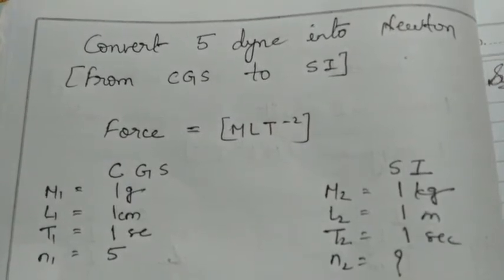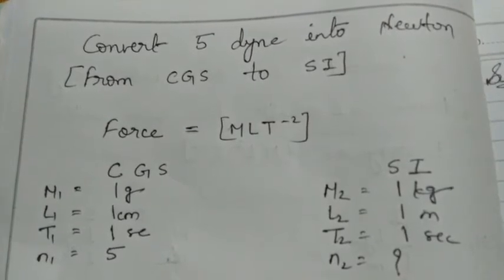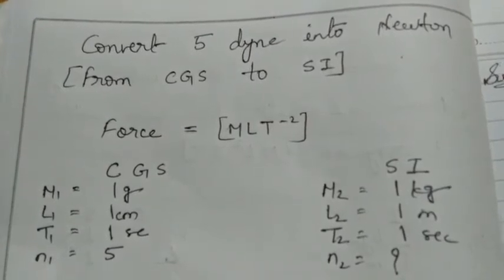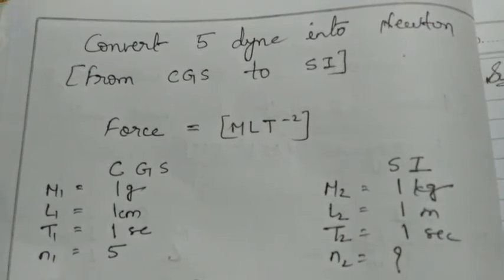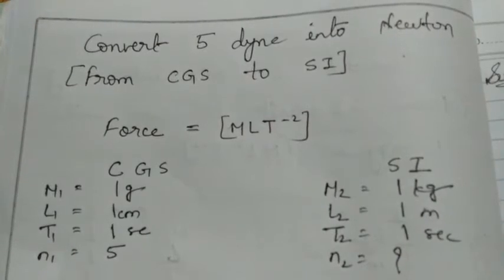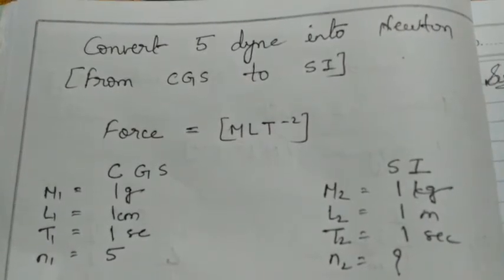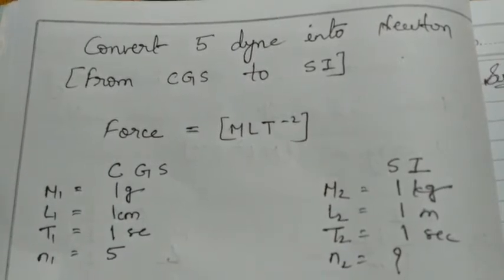In the first example of converting the value of a physical quantity from one unit to another, we converted a value from SI unit to CGS. Now in this second example, we are going to convert from CGS to SI.